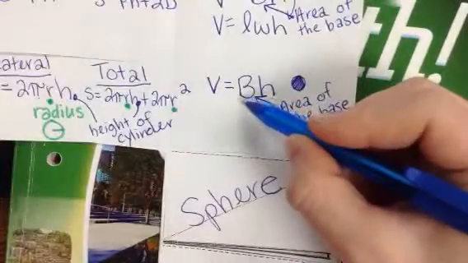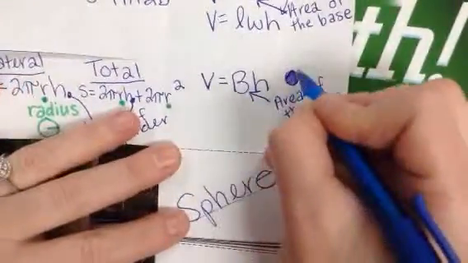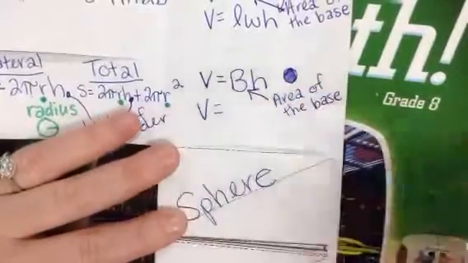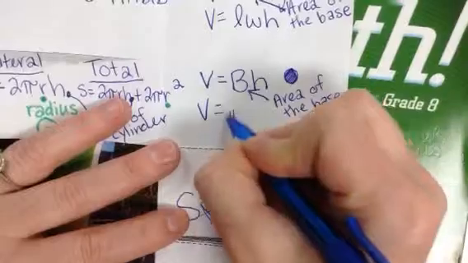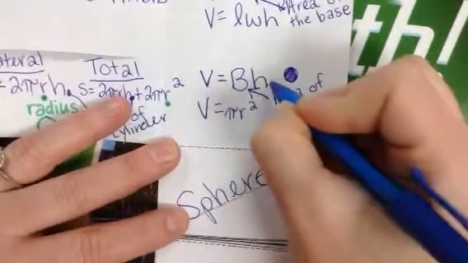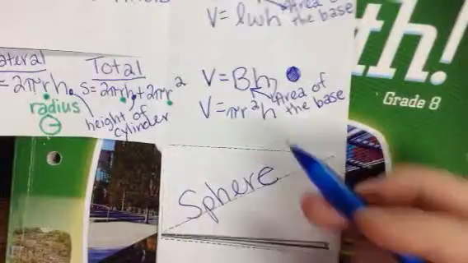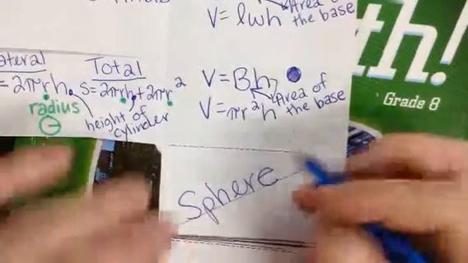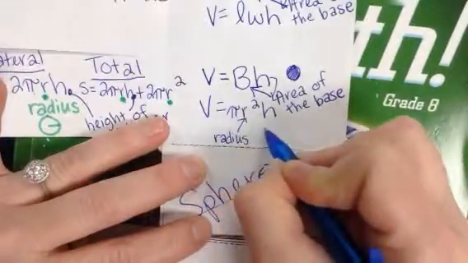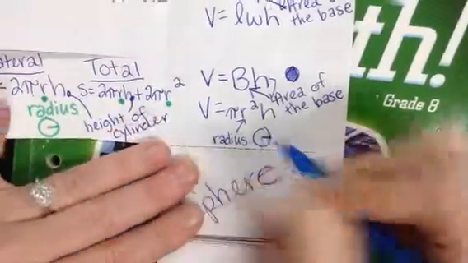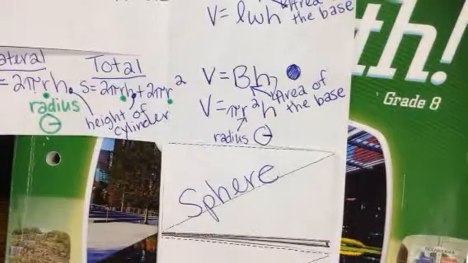I want this part of the formula to get the area of the base. So to get the area of a circle, my formula chart would tell me in the area section for circle, it says pi r squared. Now I just got to bring down that h. Where r stands for radius, which is halfway through a circle, and h is the height of the cylinder.